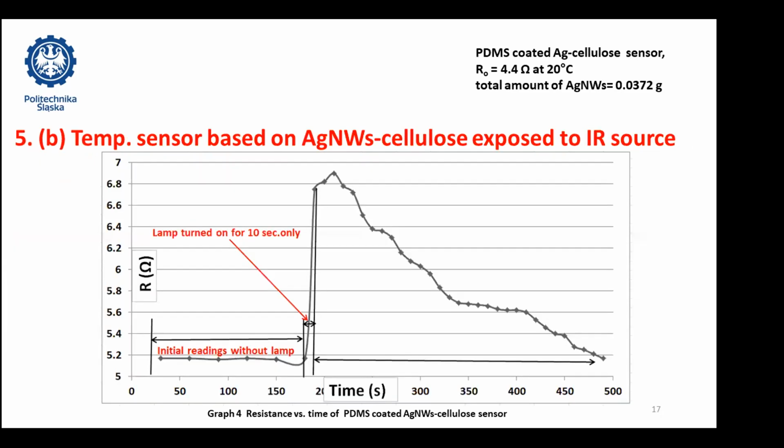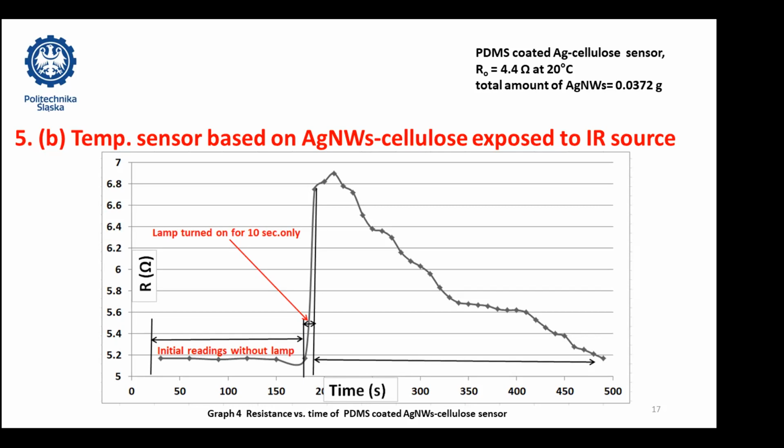In this graph, again, the same sensor was used, the PDMS coated silver nanowire sensor I discussed previously, which has a resistance of 4.4 ohm at 20 degrees Celsius. On the y-axis we have resistance, on the x-axis we have time, in seconds this time.